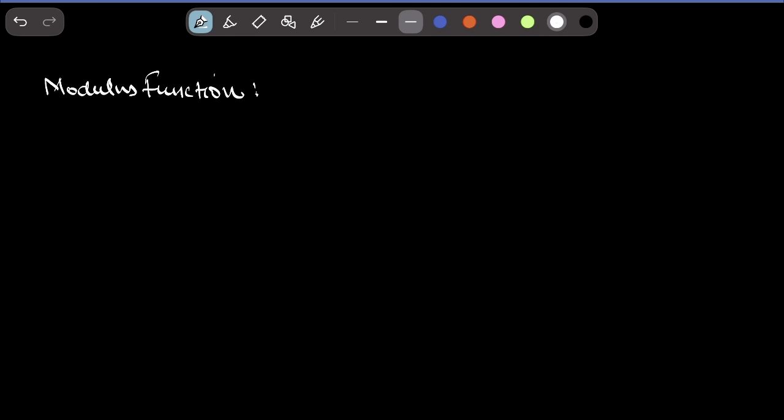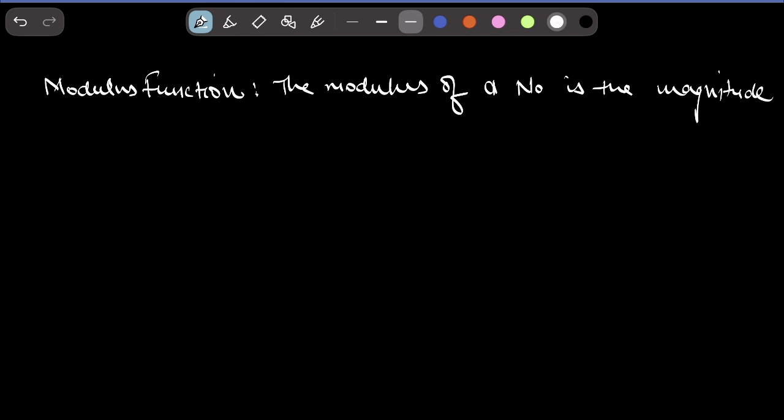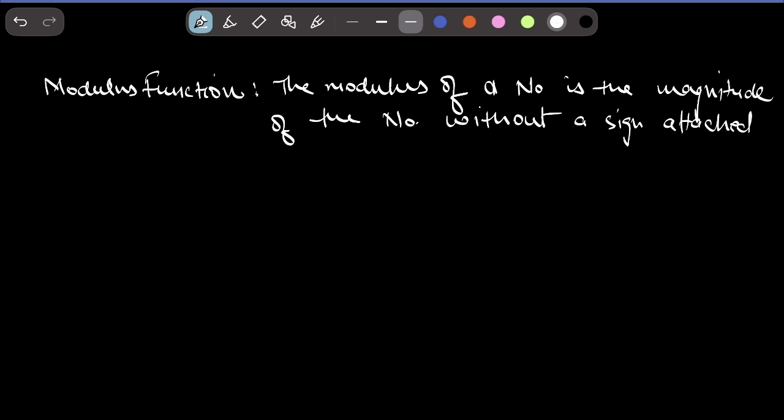For example, if I write down the definition of a modulus function, I can say the modulus of a number is the magnitude of the number without a sign attached to it. Without a sign attached to it. What it means, I'll explain to you.